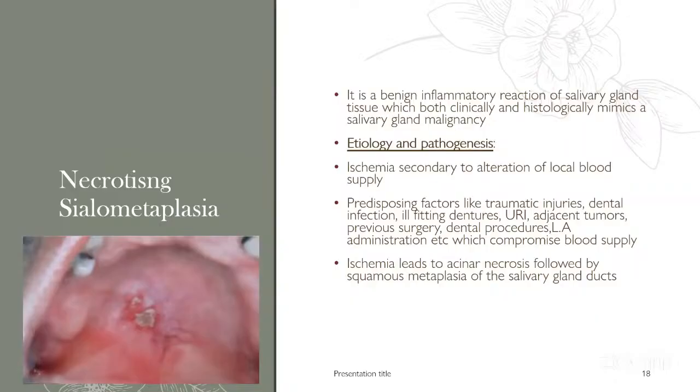Basically, it happens due to ischemia, due to alteration of local blood supply, and the predisposing factors include any traumatic injuries, LA administration, ill-fitting dentures or dental infections, etc., which lead to ischemia, which leads to acinar necrosis, which is followed by squamous metaplasia of the salivary ducts. Metaplasia is alteration of one cell type to another cell type. So everything is self-descriptive in the name itself. So you can remember in that way.